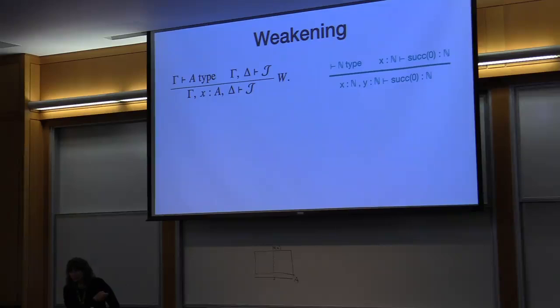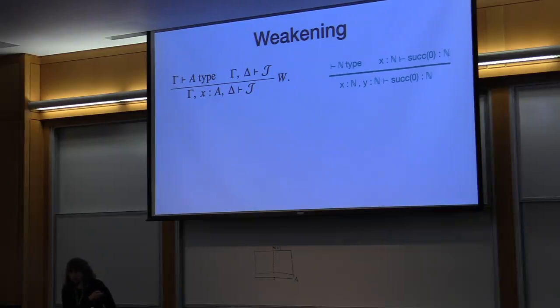So an example, I could have something like this. I have, right, if we're weakening, the type of the variable has to be well-formed, right? According to the context that came before it. Okay? So you can do some sort of iterative weakening if you want, but yeah, it has to be well-formed.